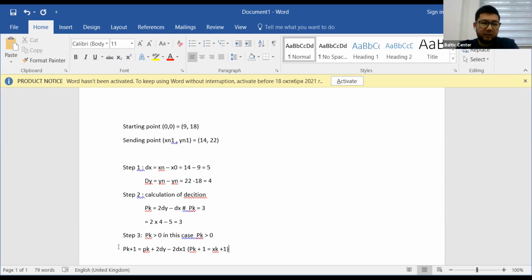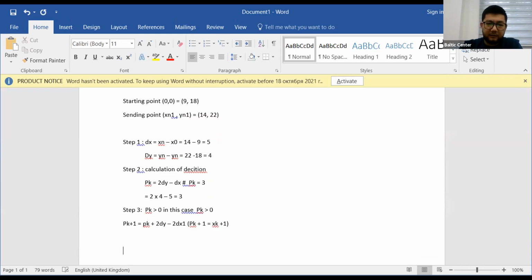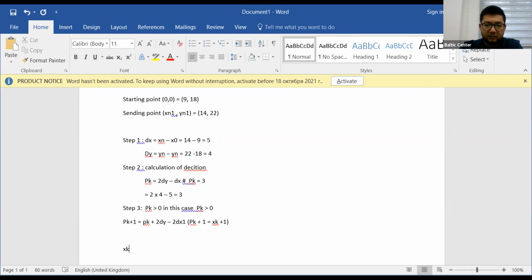Okay, so how the calculation works is like this: xk plus 1 equals xk plus 1, and then you take 3 plus 2 multiplied by 4, and then -2 times 5. Let me take this like that so you would understand better.